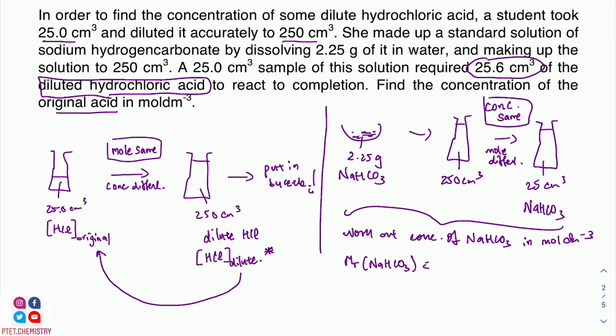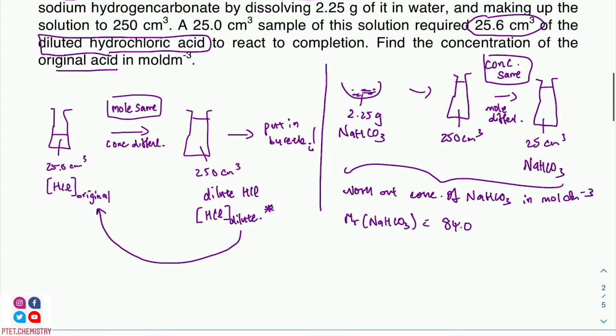So my periodic table shows me 23.0 times 1 plus 1.0 plus 12.0 plus 16.0 times 3. I get 84.0, which your calculator will show you as 84 only. So when is mole per dm cube equal to gram per dm cube? Well, actually that does not matter. I'll show you what I mean.